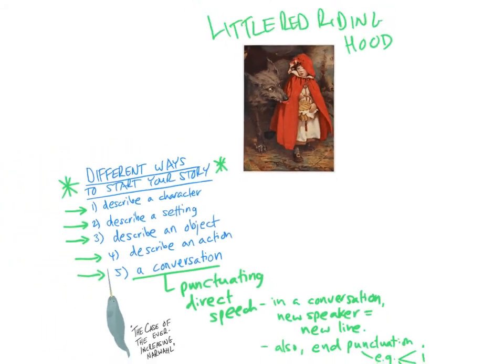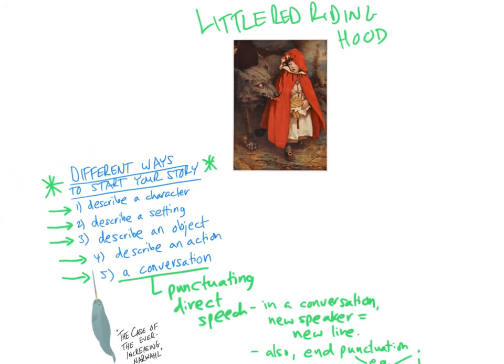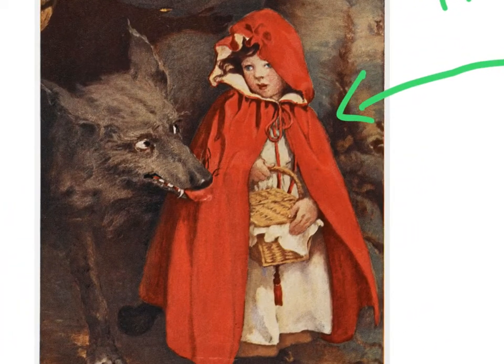So if you were writing this story, maybe in your first paragraph, you could describe what she looked like. In this picture, she's got blue eyes. It looks like she's wearing glossy lipstick. That's kind of questionable for a girl her age. Her hands look pretty big too for a girl her age, so it's kind of strange.